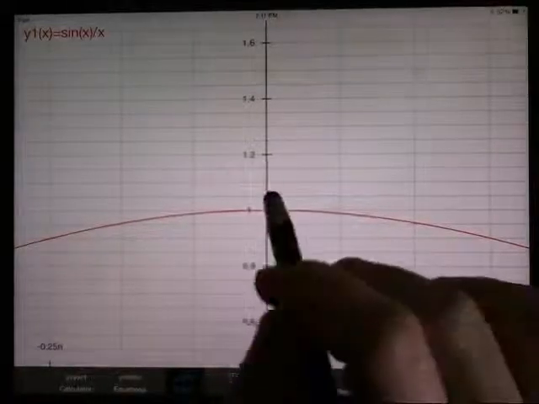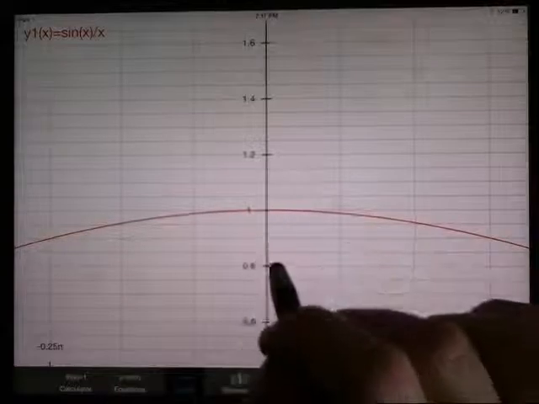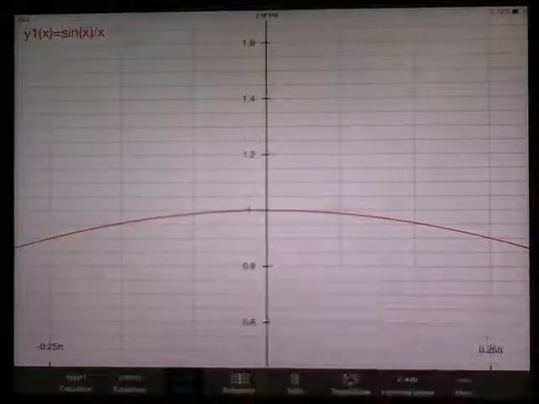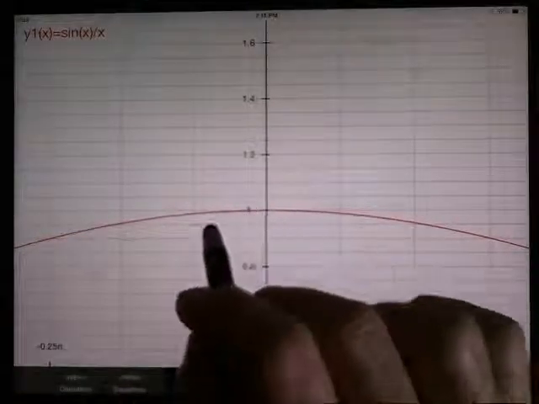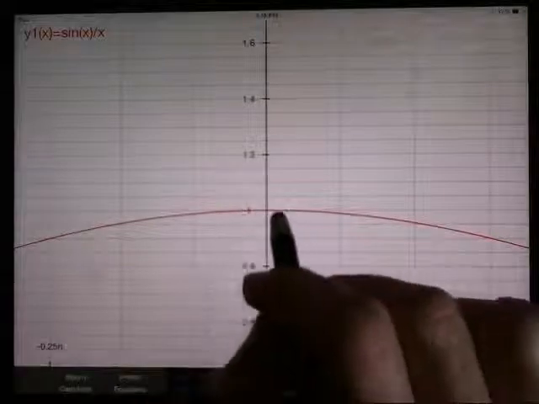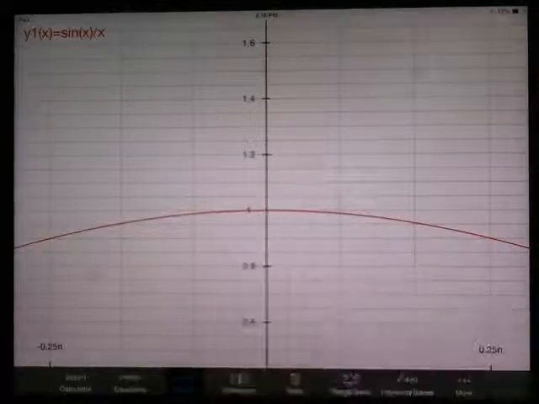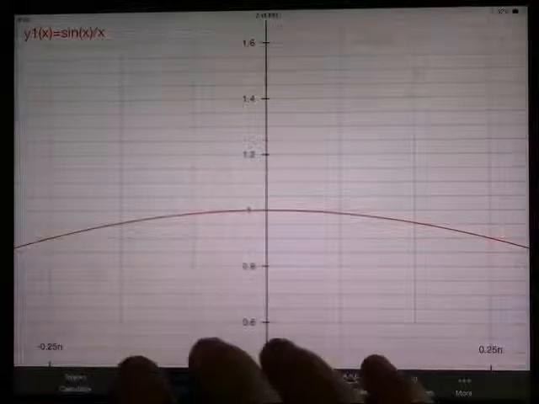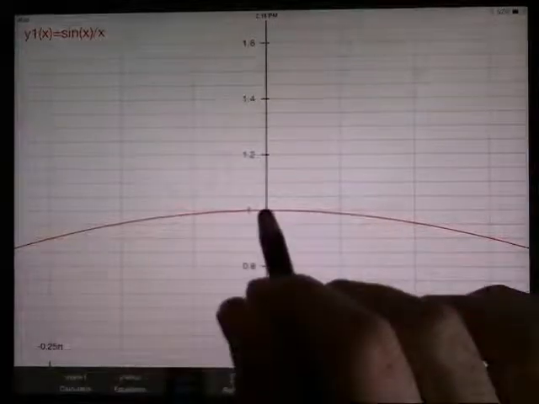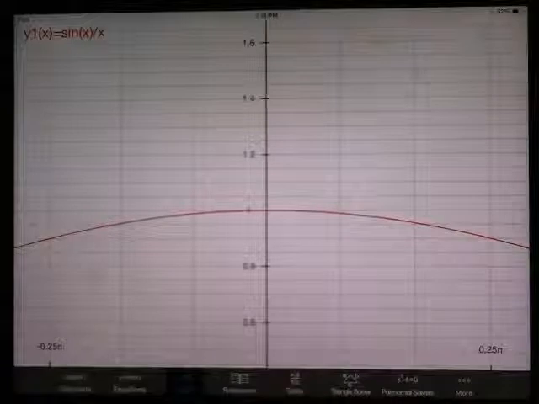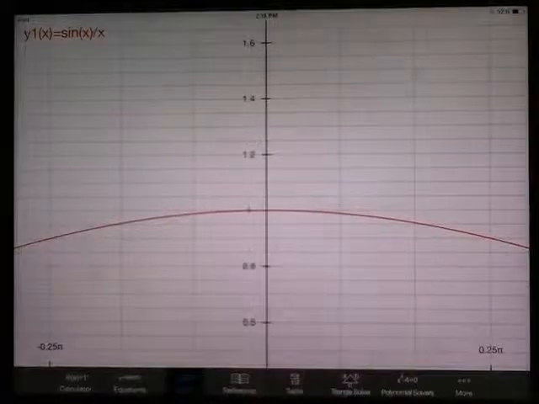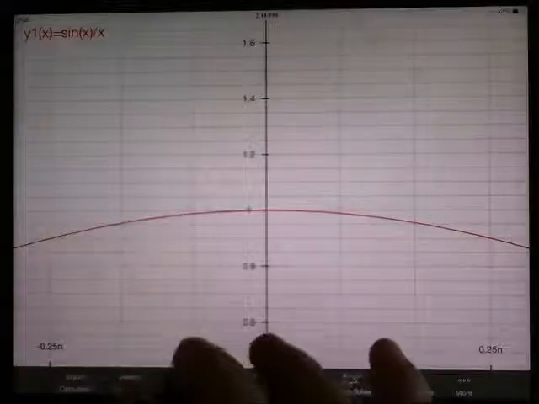Technically there should be a hole in the graph there, because at 0 I don't know how to divide by 0. But as x is close to 0, the function value is getting close to 1. In fact, it gets arbitrarily close to 1. The closer that I get x to 0, the closer that the output, the y value, is to 1.